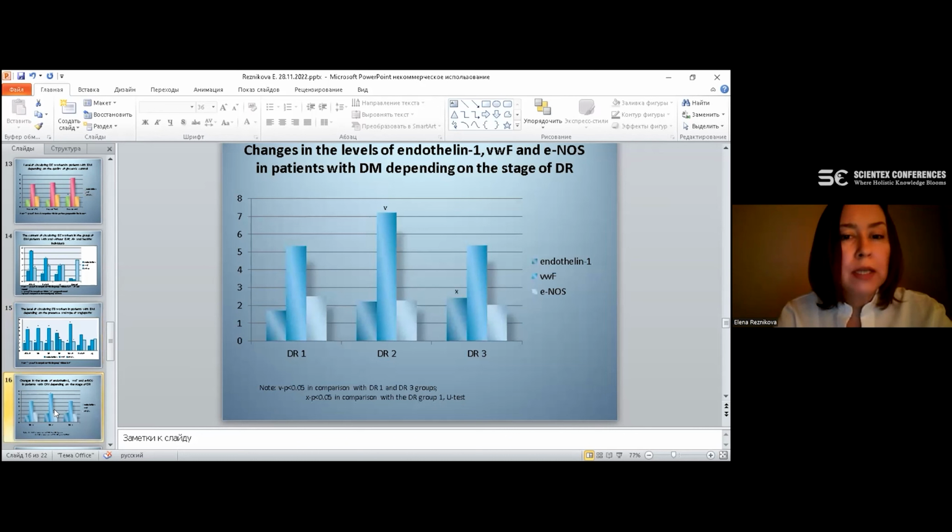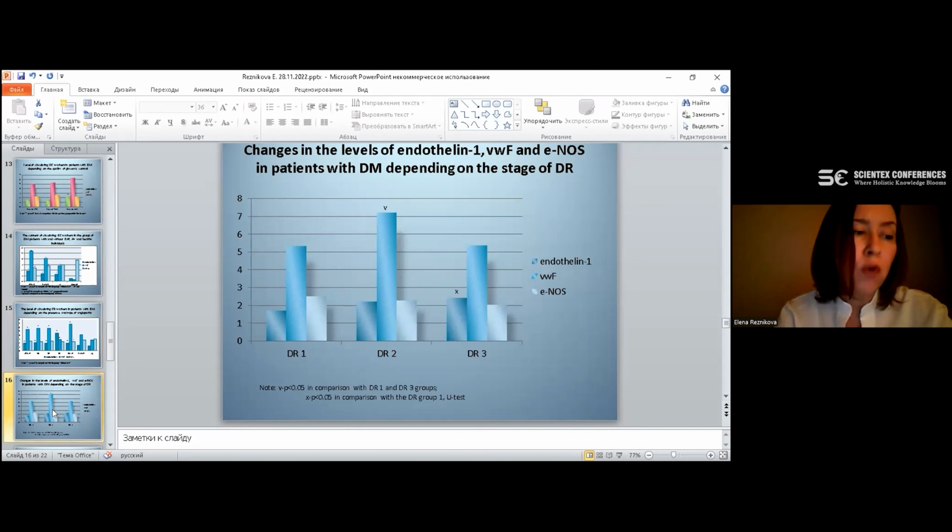The level of endothelin-1 increases with the progression of disease, reaching the highest value at the late stage of diabetic retinopathy.